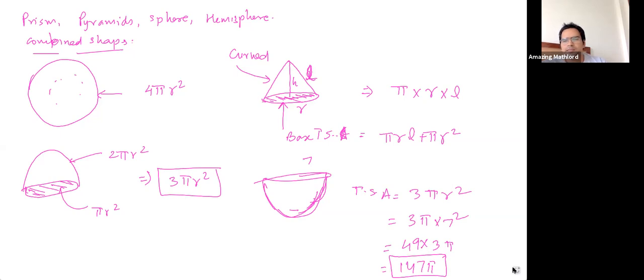Now, let us take an example for a cone. Assume that there is a party hat and it's hollow. Okay, it's not solid. In that case, if I wanted to find out the curved surface area, assume that this radius is 3 and this height is, let's say, 4.